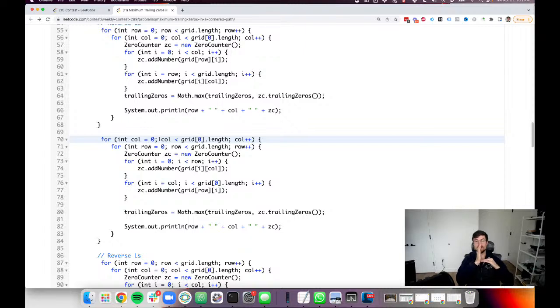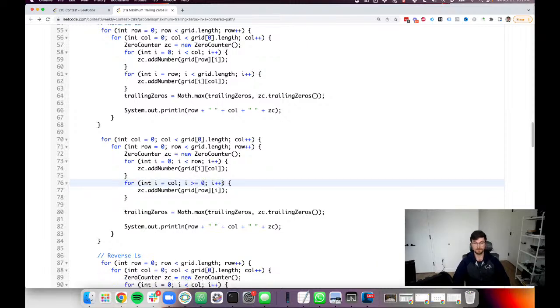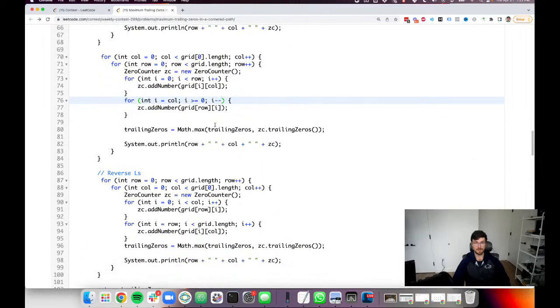It's like a backwards L. So we go across the row and then we go up the column instead of down the column. That's essentially the difference. So instead of this, it goes I is greater than or equal to 0 and I minus minus. Otherwise, it should be the same.